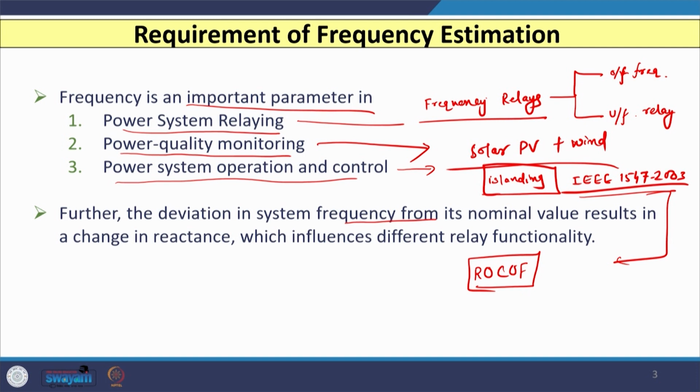Accordingly, if frequency falls below a certain value, let us say if we consider a 50 hertz fundamental signal, and frequency falls below 47 or 48 hertz, then the rate of change of frequency algorithm is activated, and that is going to further initiate the load shedding scheme or triggering. So, this is a very important point.